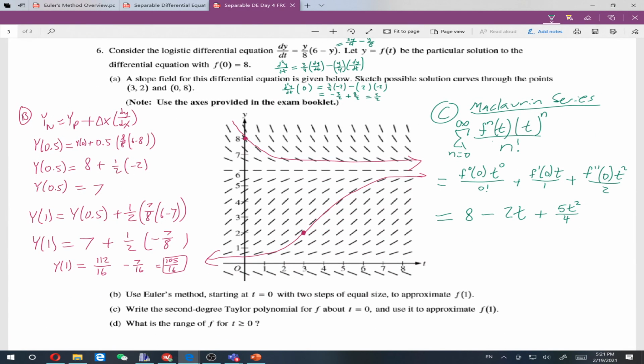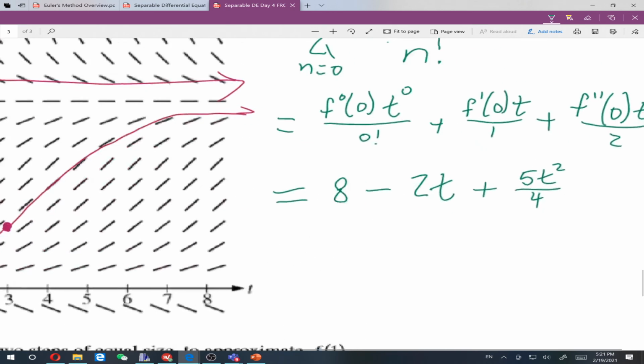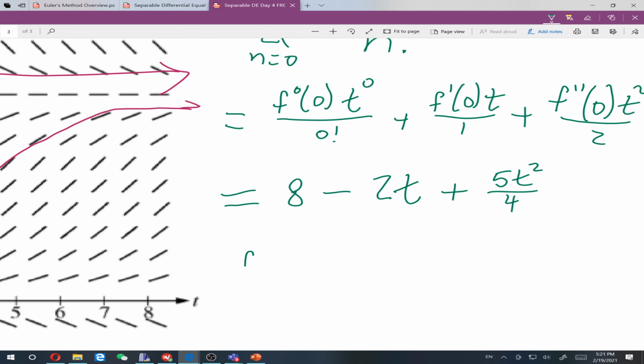Last step of this. I want to use our estimate to approximate f at 1. So if I plug in 1, what's going to happen? And then we're done. 8 minus 2 plus 5 over 4. Okay, so let's get common denominators and then we can add straight across. What is 8 in terms of 4? 32.